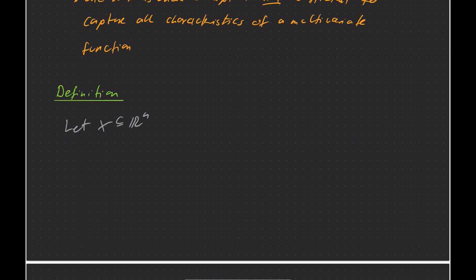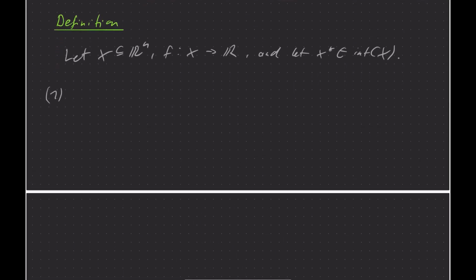Okay, so let x be in R^n, f a function defined on x that maps to the reals, and let x star be in the interior of x. Then we first define what it means to obtain a partial derivative.